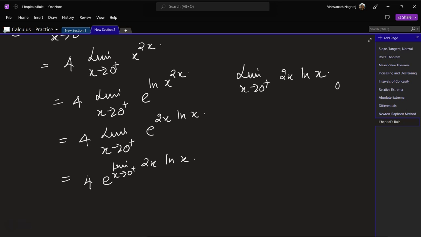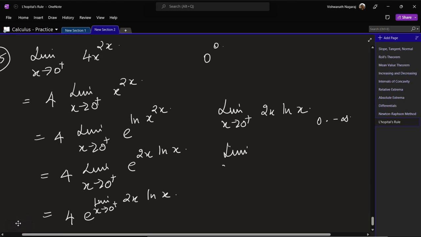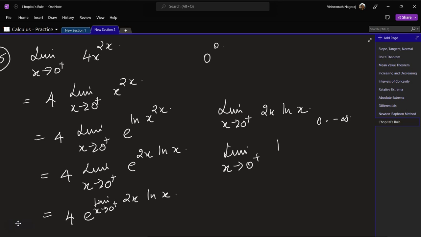We get 0 times minus infinity. So indeterminate. So let's write it as natural log of x by 1 by 2x. If we do that, what happens? This becomes minus infinity and 1 by 2x becomes infinity, right? So we have it in infinity by infinity form.